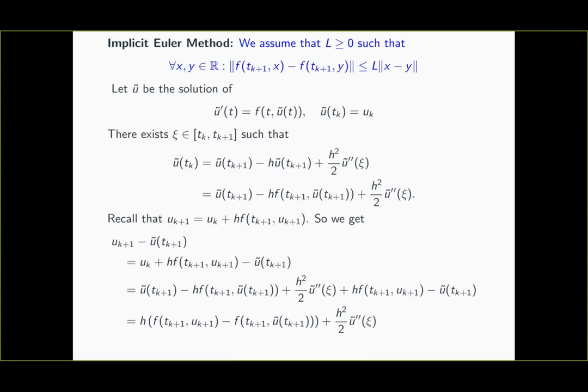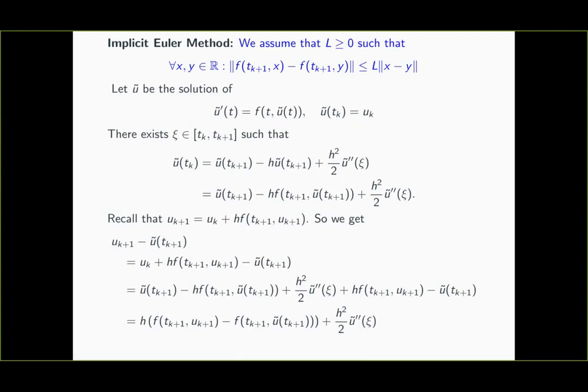On the one hand, we can substitute u_{k+1}. So this can be rewritten as u_k plus h times f at t_{k+1}, u_{k+1}, and still minus u tilde at time t_{k+1}. And next we insert the Taylor approximation, because we know u_k is the same as u tilde at time t_k.